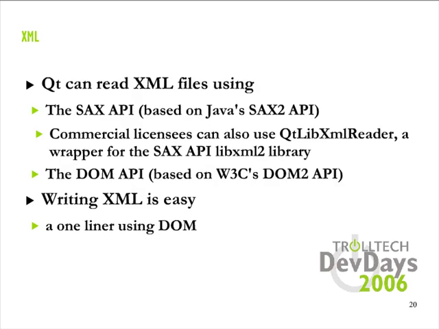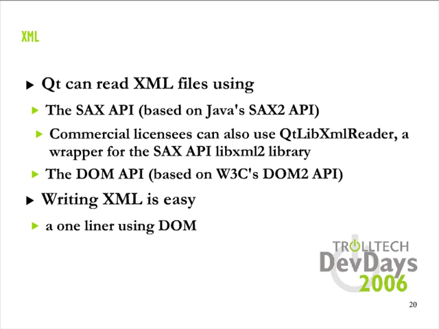And I suppose that leads us towards XML. Qt provides two different APIs because there are two popular APIs out there which are very different. SAX is an API which is typically used for very large XML files or where you're quite happy to read things in sequence. And Qt's API is based on the Java SAX2 API because that's a very popular API.